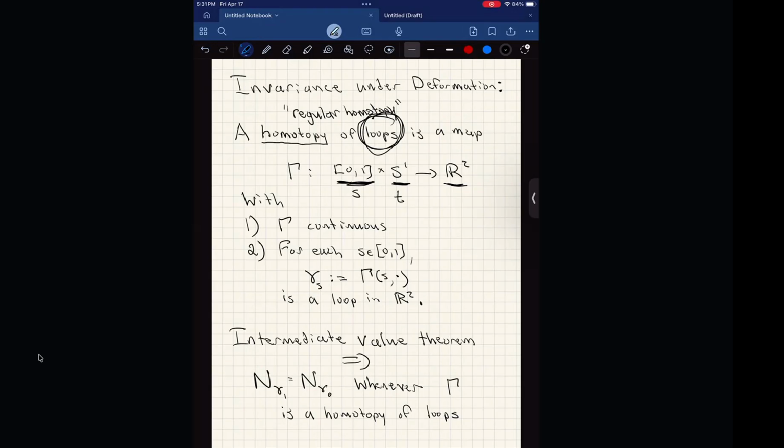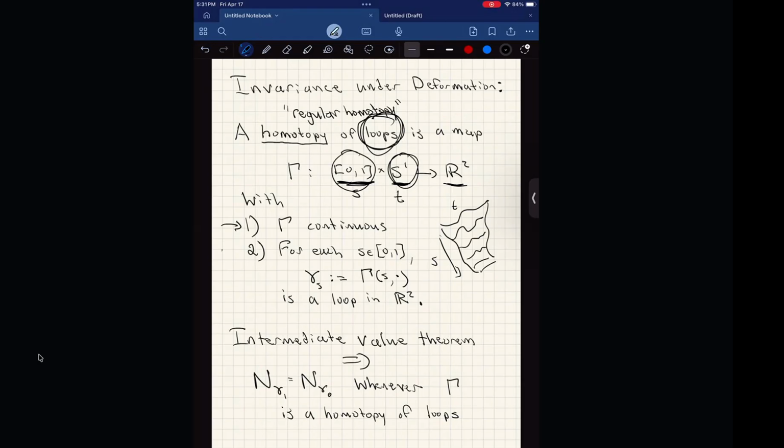Imagine for a moment that I didn't have loops, that I just had curves like this. My t parameter is going like this, and my s parameter is maybe going like this. So I have a family of curves where what I'm interested in is that the whole map is continuous: continuity in this parameter and also continuity in this parameter.